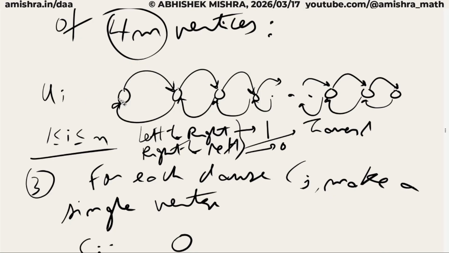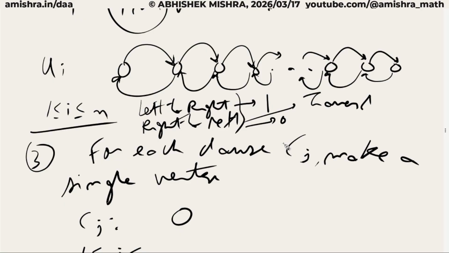So if we are traversing this chain from left to right, it corresponds to the assignment 1 to the corresponding variable. If we traverse from right to left, its assignment corresponds to 0.